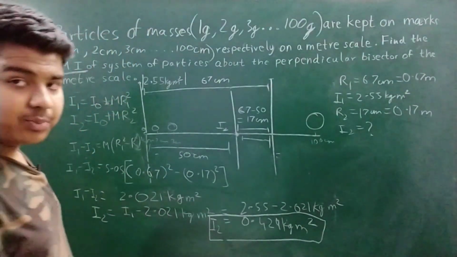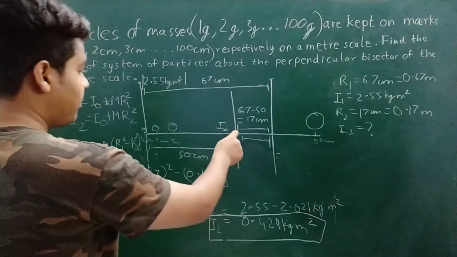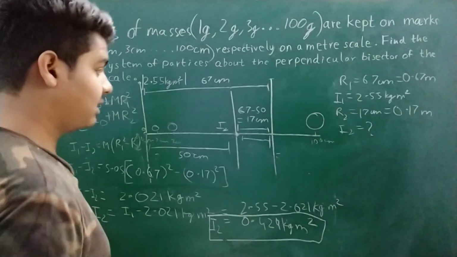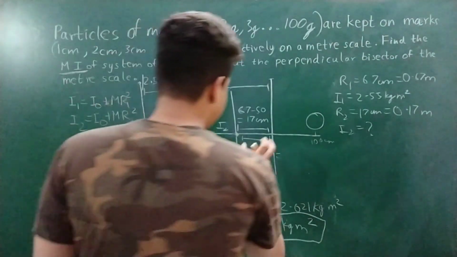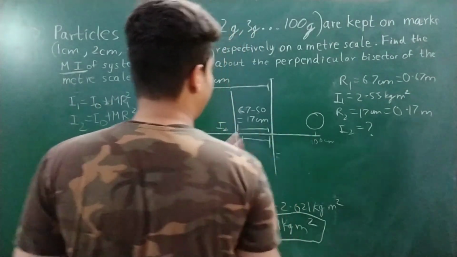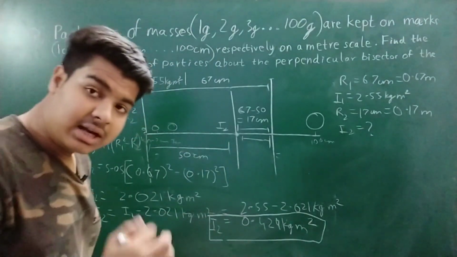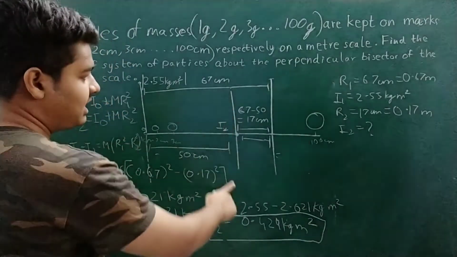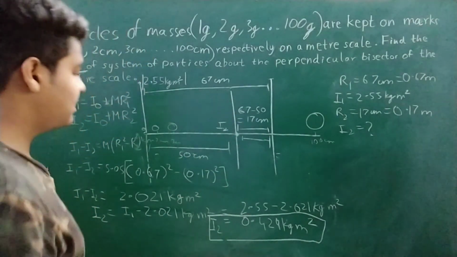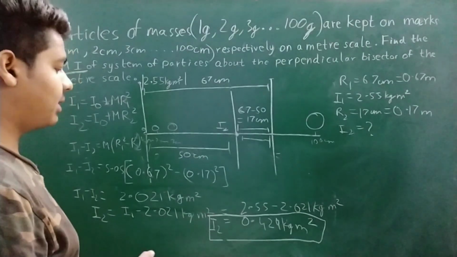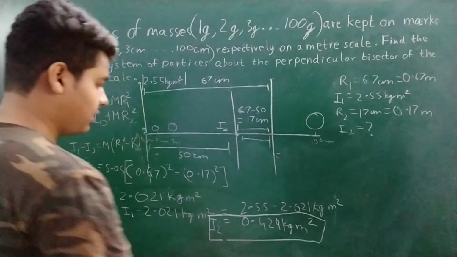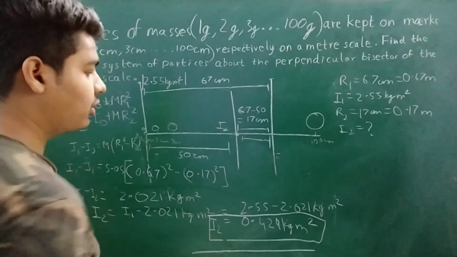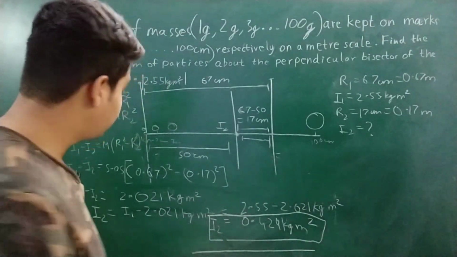If you are considering this as the center of mass, here is a tip: first find the summation of masses from 1 centimeter to 50 centimeter, and then the summation of masses from 51 centimeter to 100 centimeter. You will see that the sums of the masses are not equal, which means 50 centimeter cannot be considered the center of mass. After this solution, you get the answer as 0.429 kg meter square.